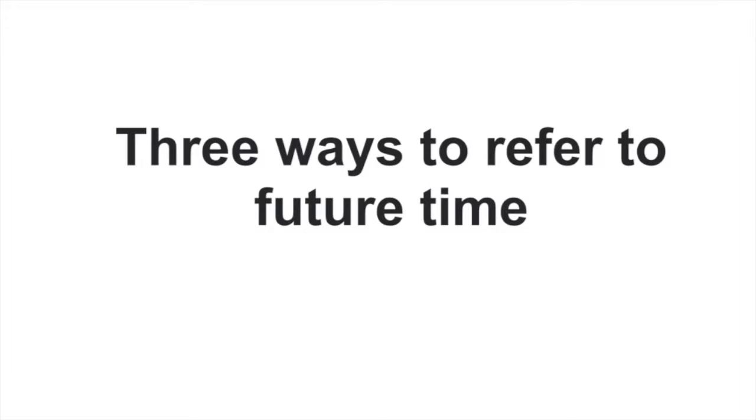There are three ways to refer to future time in French. And by refer to future time, I mean talk about the future. Remember, we need to make the difference between time and tense. Time being literally seconds, minutes, hours, and so on, clicking away on your watch, whereas a tense is a notion in grammar, usually involving a verb and a series of endings.